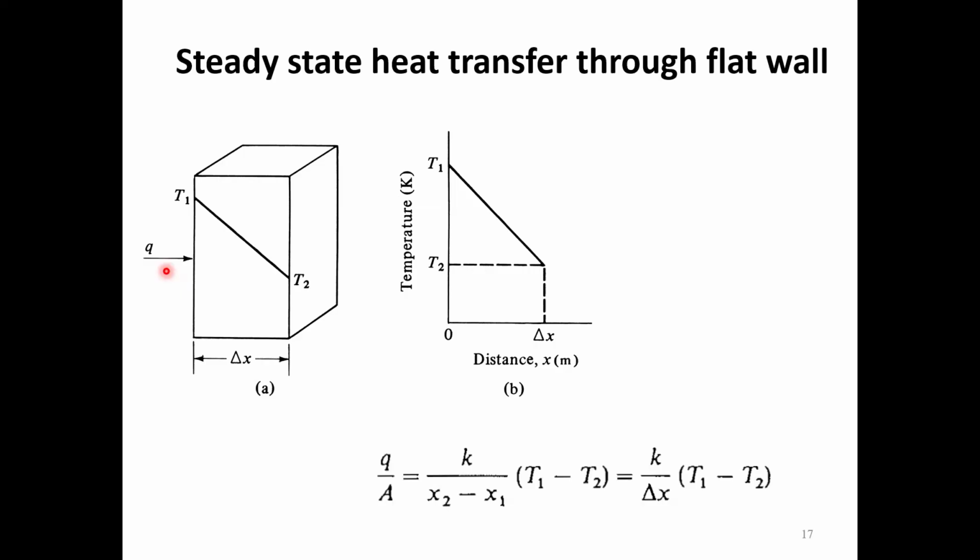When we start a chemical industry, it will be in unsteady state. When we start to operate it, it will be in unsteady state, but over time it will reach a steady state, and we will try to maintain the entire process at a steady state over the length of time.